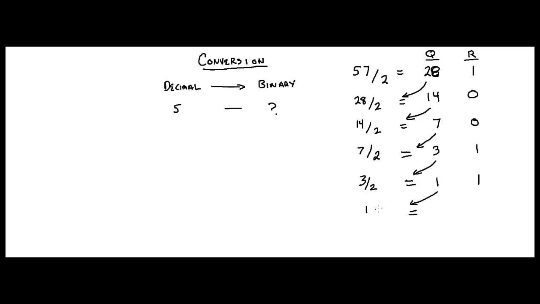Now we have 1 divided by 2, that's going to be 0 with a remainder of 1. Got it? Now, there's your binary number, okay?